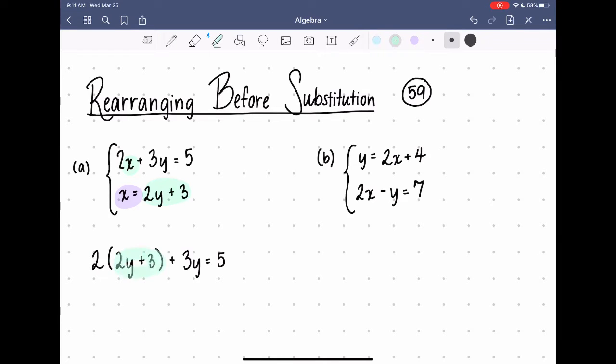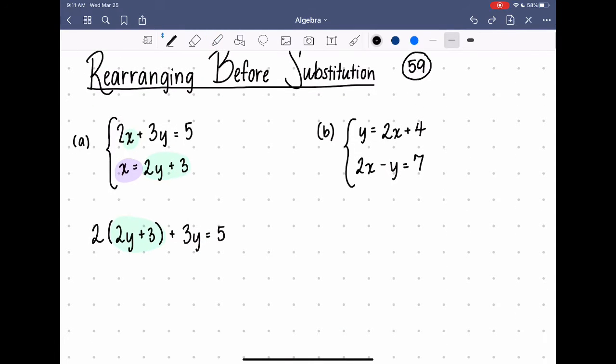So if you look here, I plugged in my value for x, right where it used to be up there. And now the only variables I have left are y's, so I can solve for y. I'm going to have to do some distributive property here.